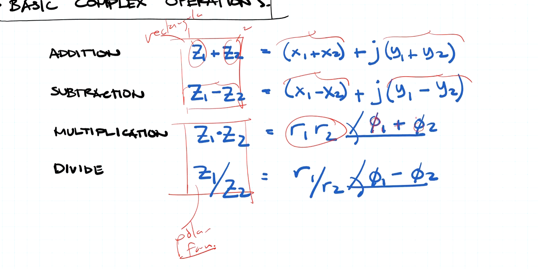Of course, it is the algebraic sum of the angles, which means we need to take into account if it is negative or positive. For division, z1 divided by z2, we divide the magnitudes, r1 divided by r2, and the angles we just subtract.